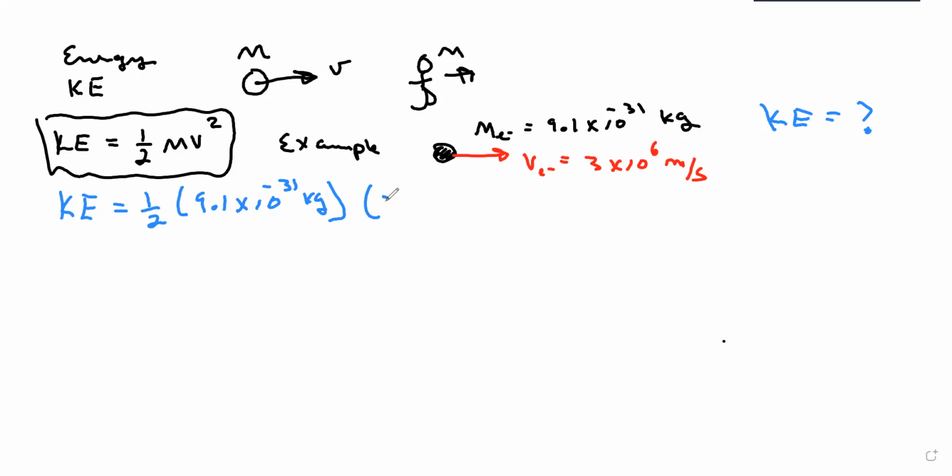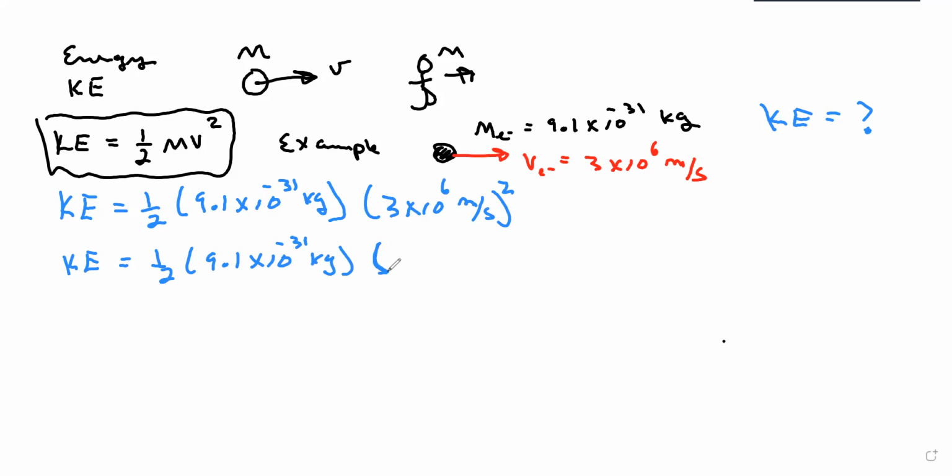And the velocity is going to be 3 times 10 to the 6 meters over second squared. Okay. So the kinetic energy is going to be equal to 1/2 of 9.1 times 10 to the minus 31 kilograms. So we got to square everybody that's inside the parenthesis.